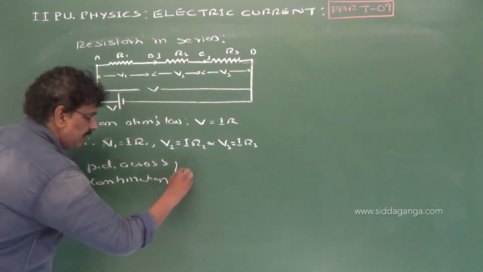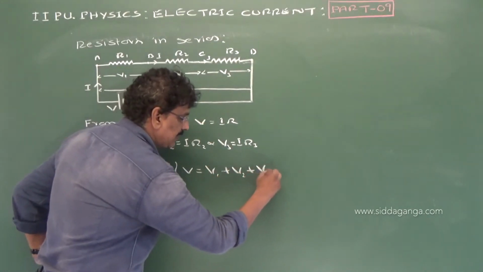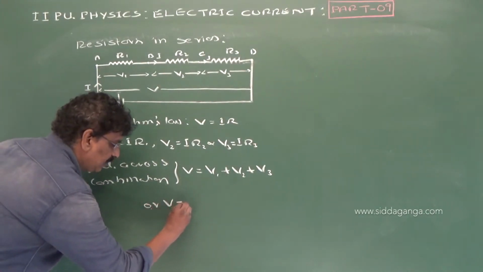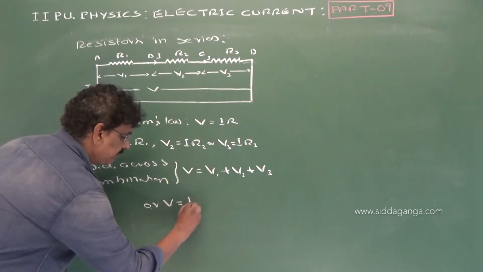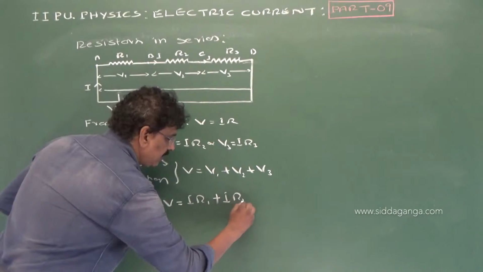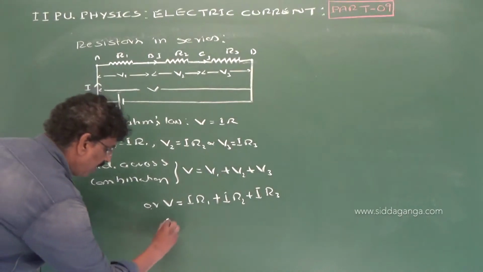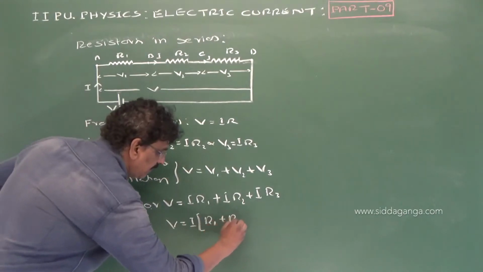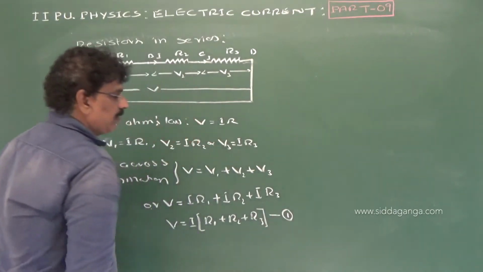V is equal to V1 plus V2 plus V3, or V is equal to IR1 plus IR2 plus IR3, or V is equal to, taking I common, I times R1 plus R2 plus R3. Let us take it as equation number 1.